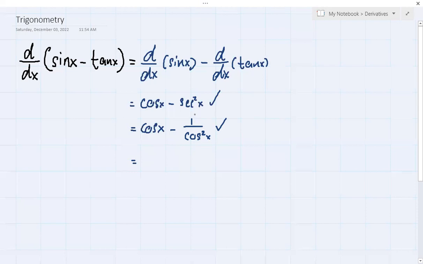Since kasi ito, si 1 all over cosine squared x naka-fraction, we can make it into a whole fraction. Okay, gawin natin itong buong expression as a whole fraction. Pwede naman yan. Okay, there's no problem with that. So, the techniques that I have discussed to you, which is yung butterfly technique at saka yung pag-convert ng mixed fraction into an improper fraction, it's up to you kung anong pipiliin nyo sa dalawa.